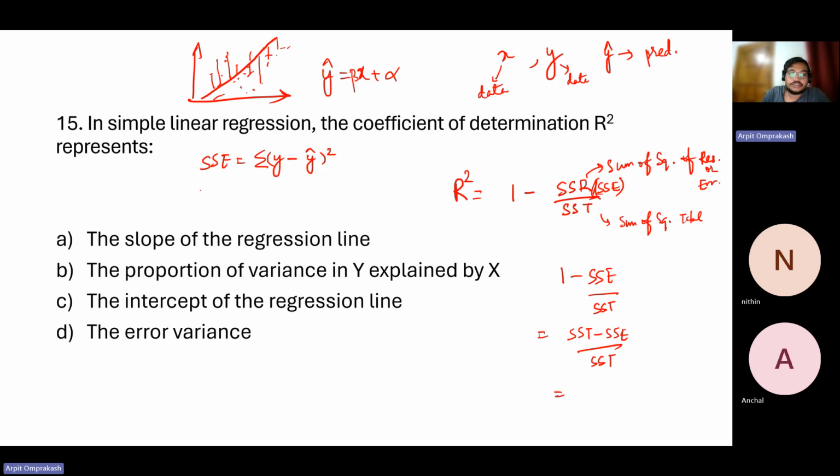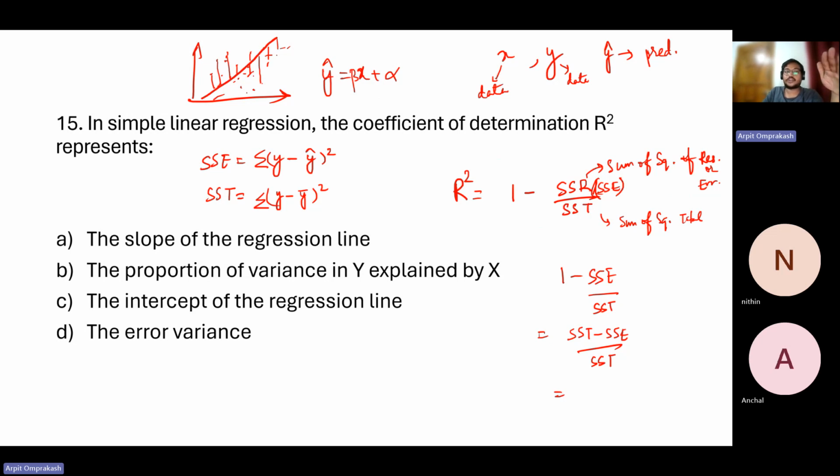So this sum of squares of error is what we are trying to minimize. The other thing is the total sum of squares, which is basically Y minus Y mean, right? That is how far away your value is.